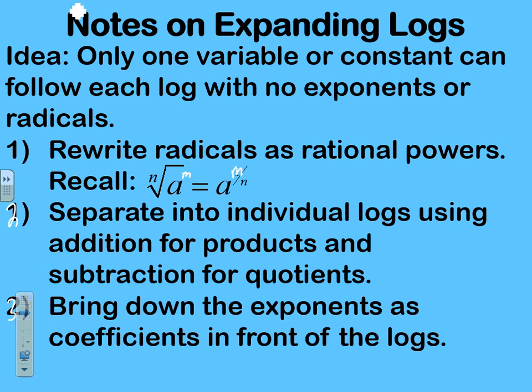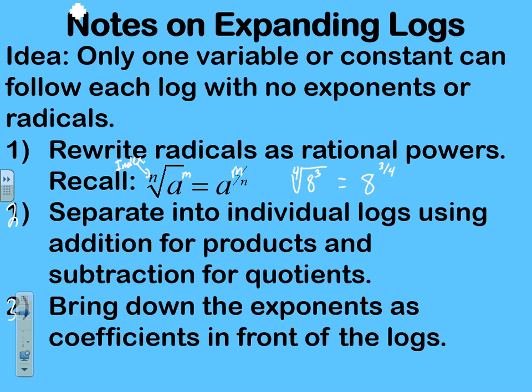If I want to rewrite a radical, I can rewrite it as a to the m over n, where n is the index. We refer to that as an index number. So for instance, the 4th root of 8 cubed would be the same thing as 8 to the 3/4 power. That's all that is talking about.